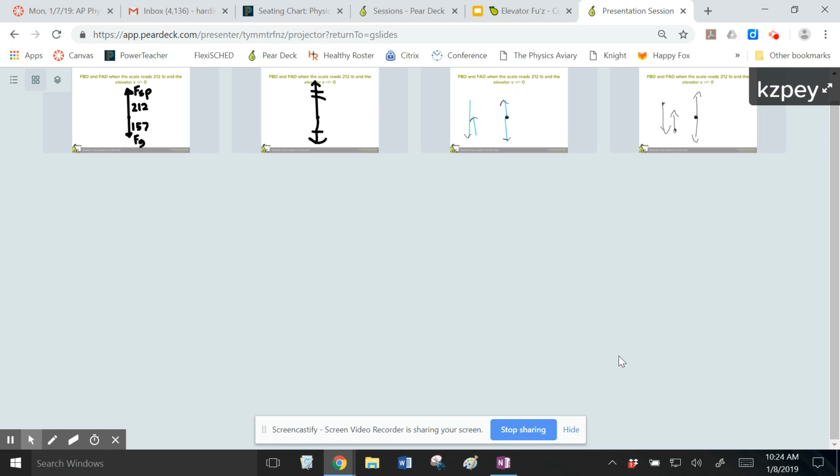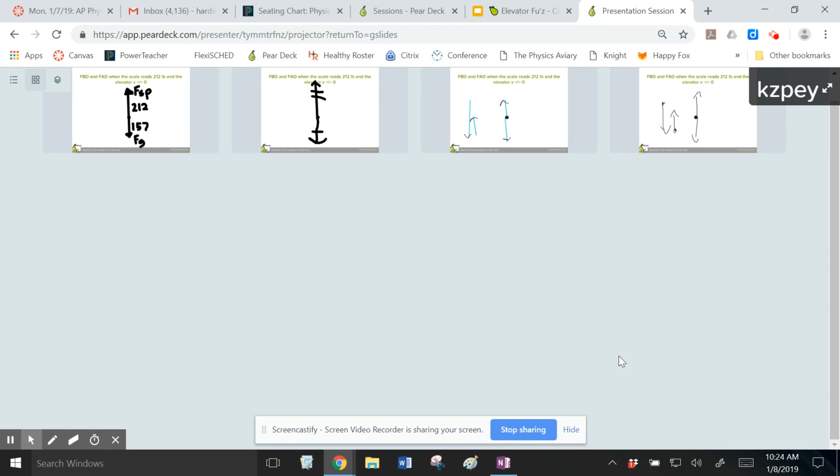Or he takes a massive poop. This is not changing. He's still the same mass. He's still feeling 157 pounds from the earth. The 212 pounds, that's the reading on the scale. That's his interaction with the scale. If I do a force addition diagram for that, I'm going to have 212 pounds up. I'm going to have 157 pounds down.